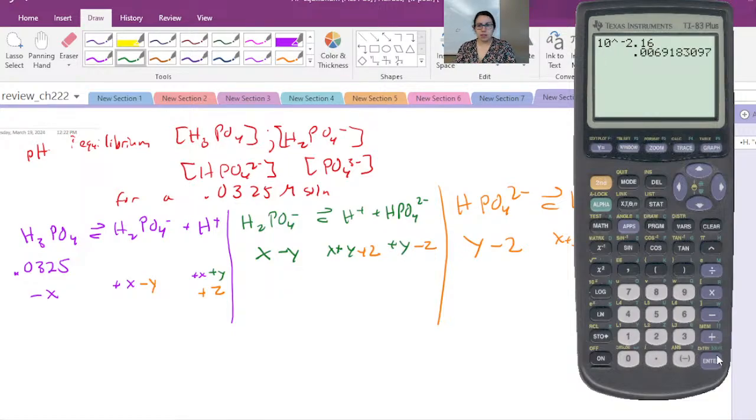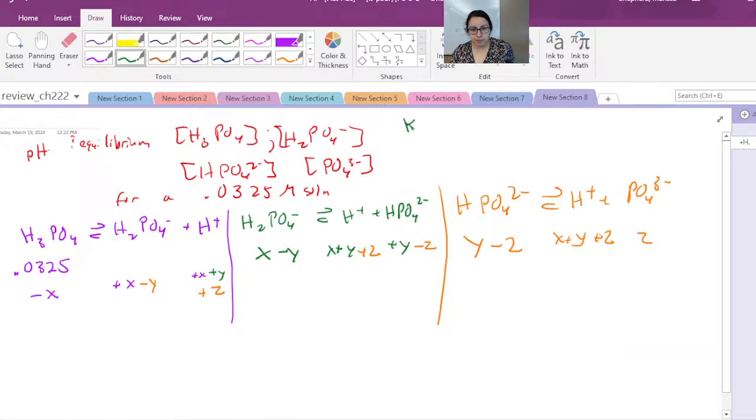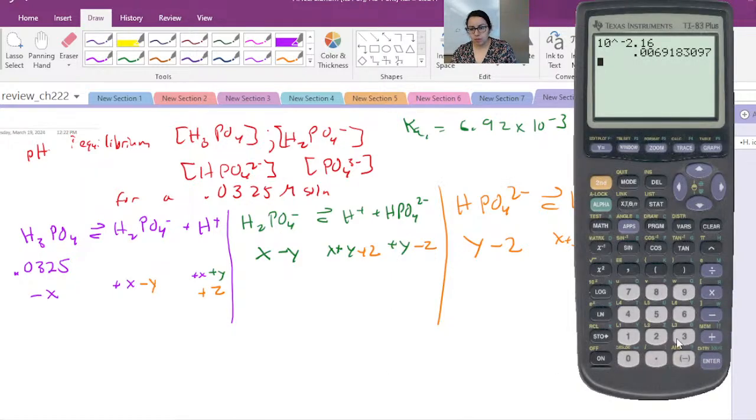So then that gives us, because I wanted to put it in Ka, 6.92 times 10 to the negative third. The next pKa was 7.21, so 10 to the power of negative 7.21.